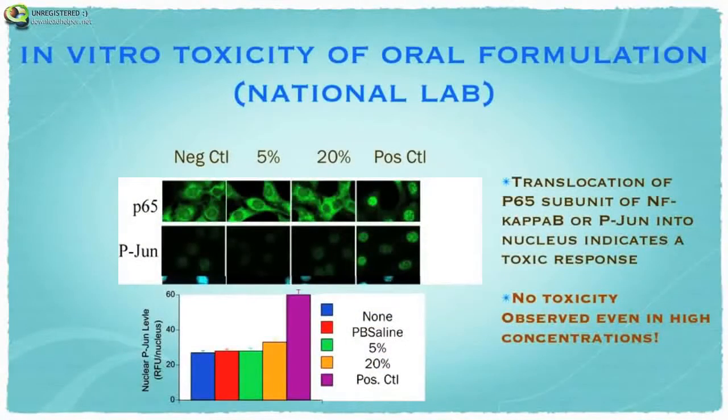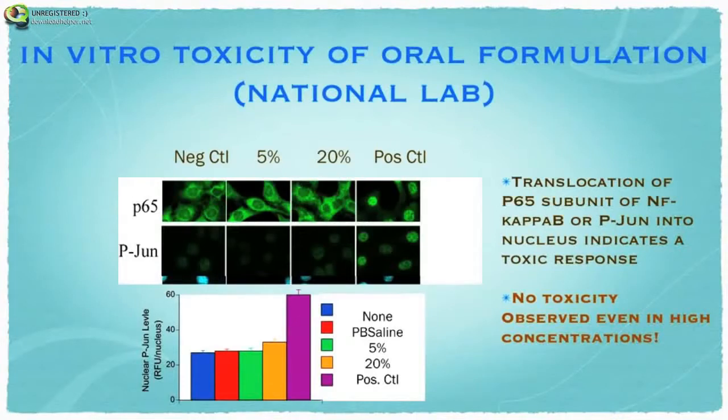One of the first steps in determining whether or not this would be a safe and non-toxic substance for consumption is to do some studies. And so in vitro studies were done on human cells. This was performed in 2009.